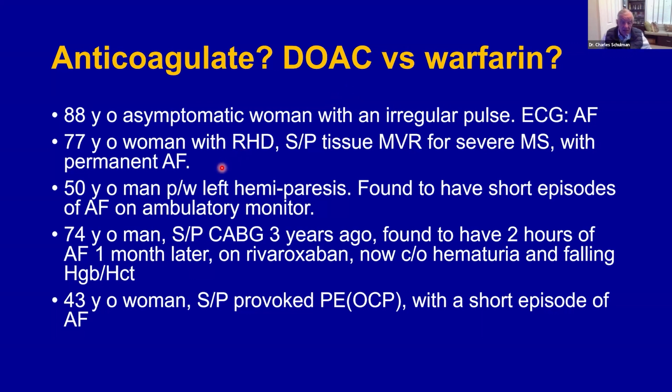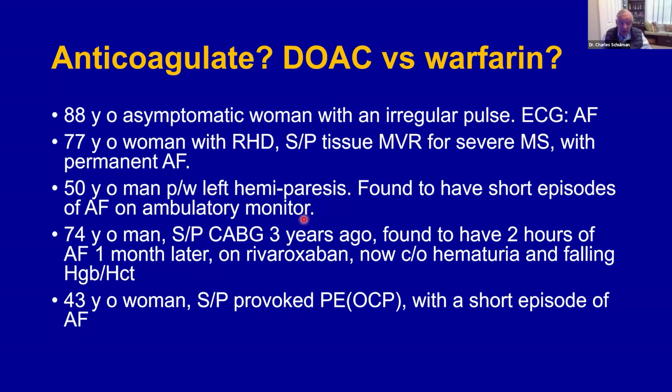Here's another patient of mine, a 77-year-old woman who had rheumatic heart disease, status post mitral valve replacement for severe mitral stenosis with permanent AFib, and she should be anticoagulated with warfarin.